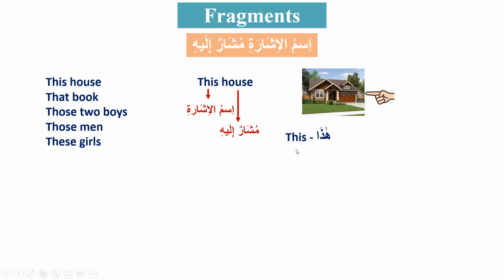So I was asking Ayan, can you tell me what is the Arabic for house? Bait. Very good. So now we have the vocabulary. Now we need to translate this fragment, which is this house, into Arabic. Muhammad Ashar, go ahead.